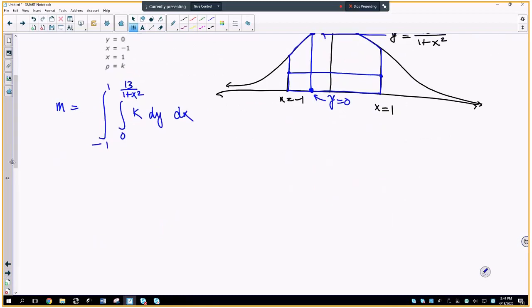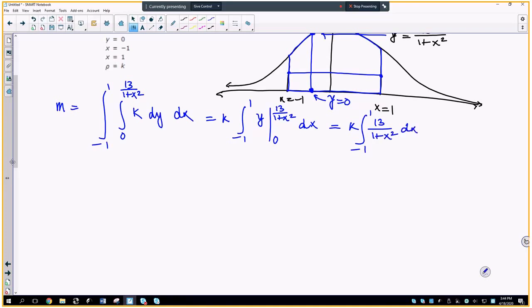Recall that k is a constant, so you can bring it out, and you will get -1 to 1. When you are integrating with respect to dy, you are just going to get y because the function you are integrating is 1. And the limits are 0 to 13 over 1 plus x squared. So recall that will give me k times integration -1 to 1, 13 over 1 plus x squared dx.